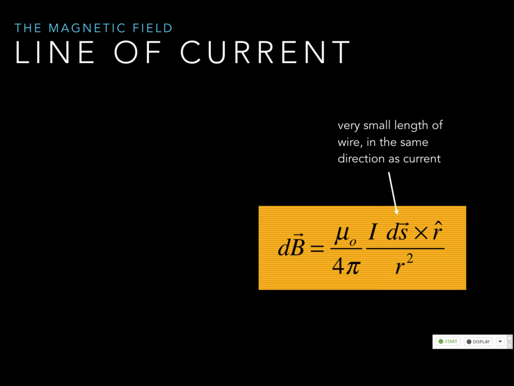And so that's what this is, which is basically the exact same thing as the Biot-Savart Law we already talked about, just written in terms of current instead of charge. And the only real thing you have to be wary of is, what is ds? A very small length of wire. A very small length of the wire, right? Which direction is the vector? Same direction as current.